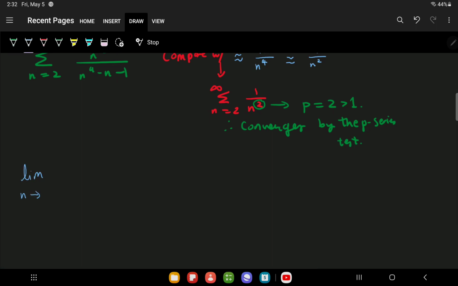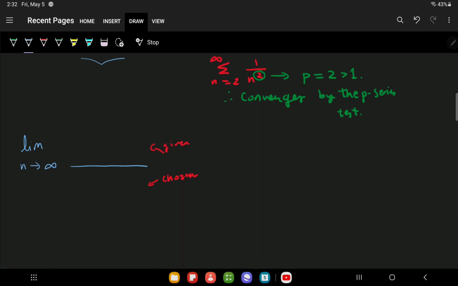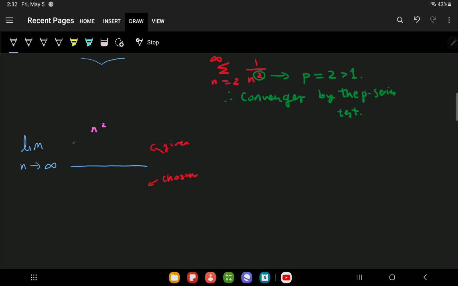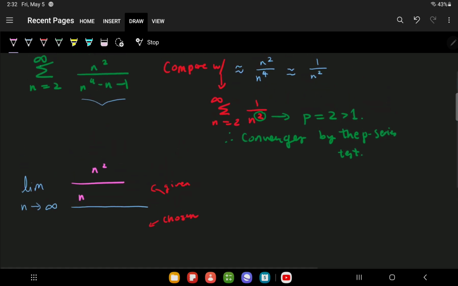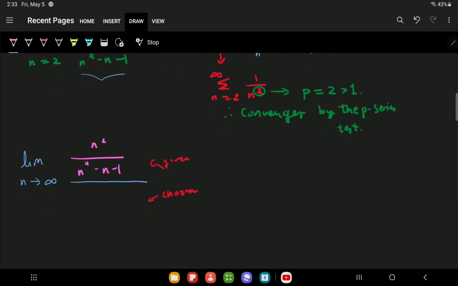If we take the limit as n goes to infinity of, and I like to write it as given over chosen, so the given part is n squared over n to the fourth minus n minus 1, divided by chosen, which I said was 1 over n squared.